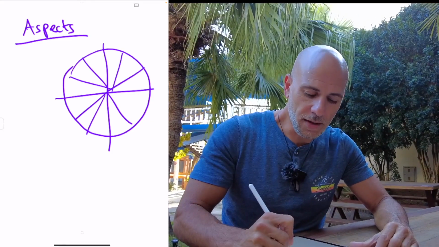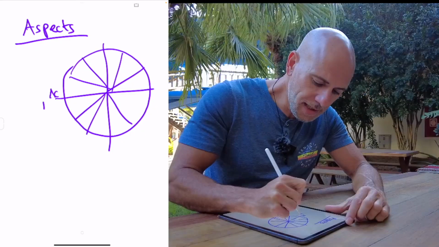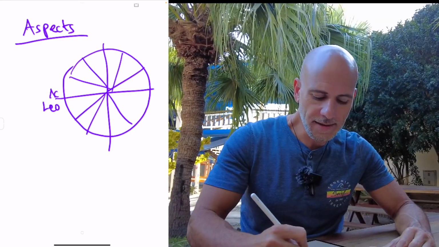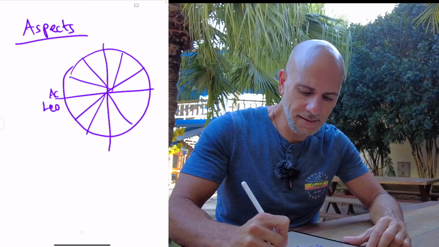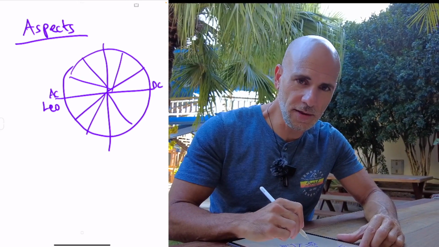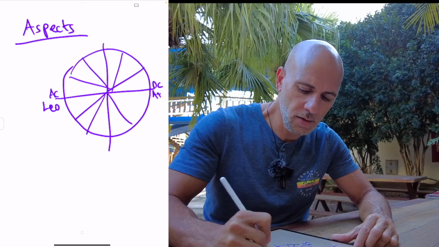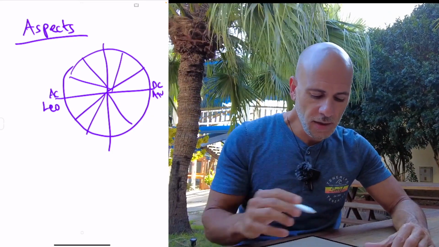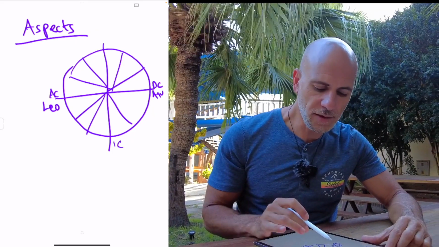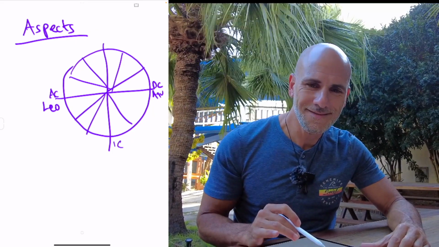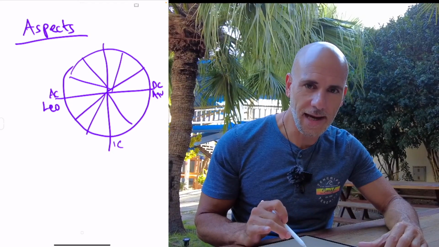For example, let's say that the ascendant is in Leo, and what will be the descendant? If this is Leo, the opposite of Leo is Aquarius. So if this is Leo, what will be in the IC? Of course, 3 signs ahead.